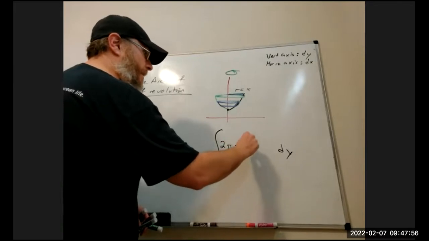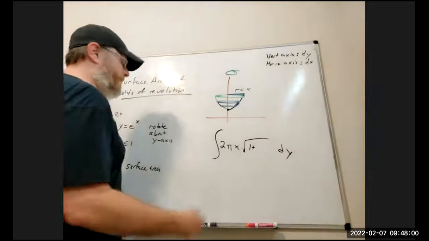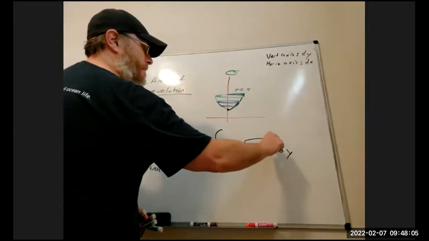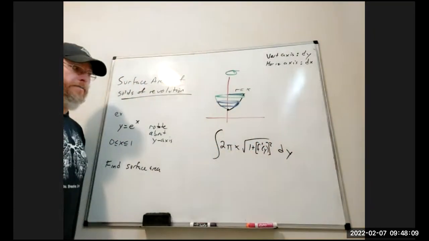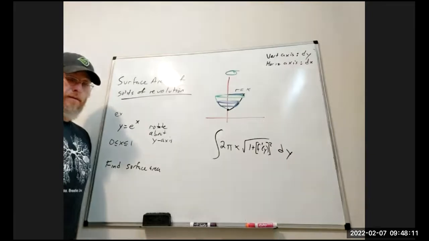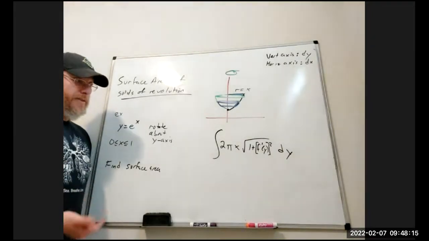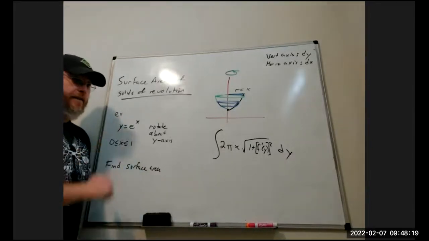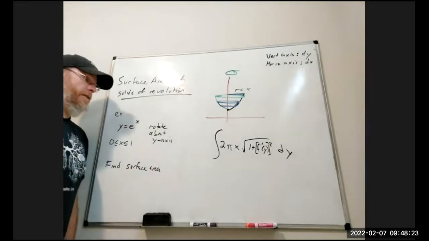And then we're going to need our arc length. But I'm going to want this in terms of y. So I'm going to write here f prime of y squared. Okay, so that means that I need this thing as a function of y instead of a function of x. So I am going to have to solve it for x.